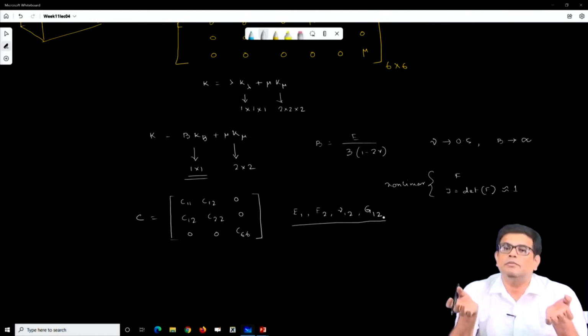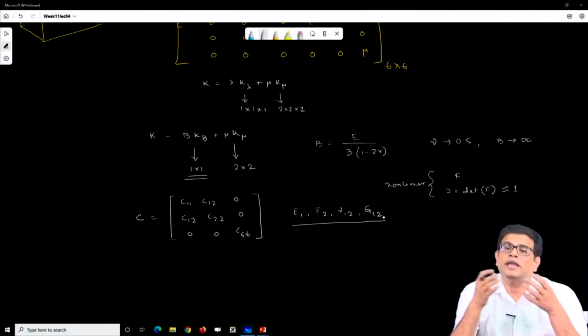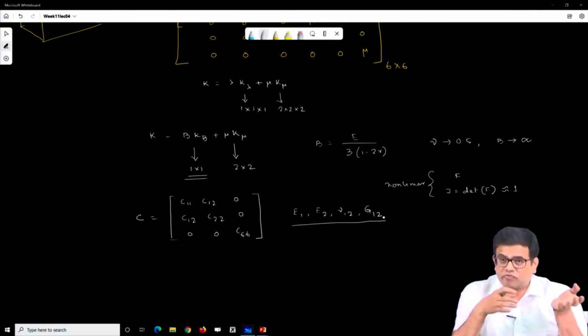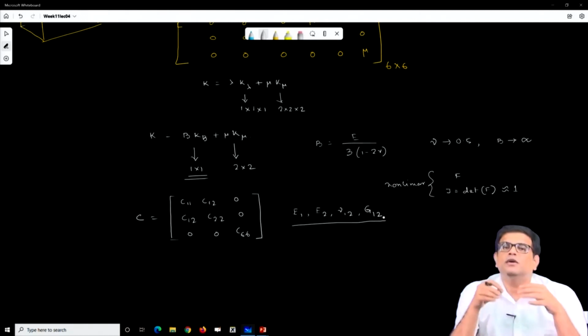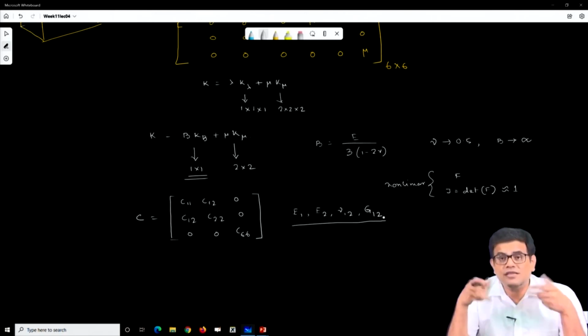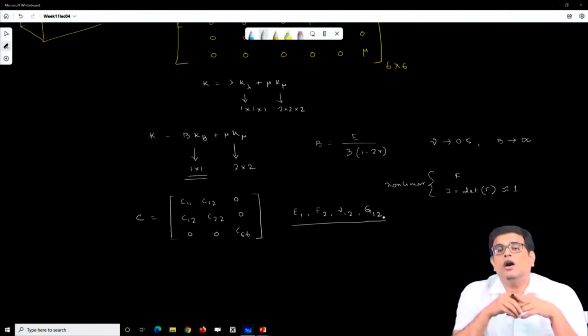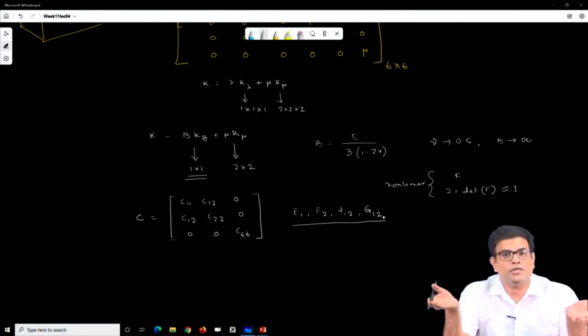This is known as the B-bar method, which was proposed by T.J.R. Hughes. I don't remember the exact year, but it is known as one of the strain projection methods, or a generalization of the selective reduced integration scheme, which is valid for anisotropic material as well.